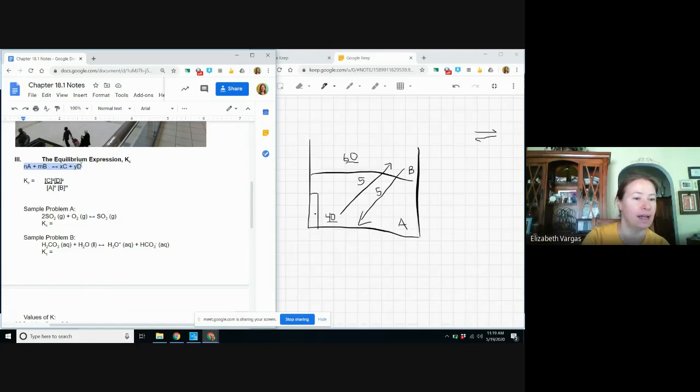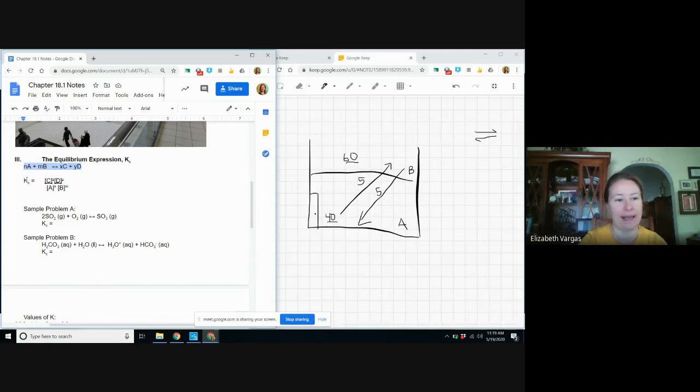The n, m, x, and y are the coefficients. Usually if it's 1, it's not written, so 2 or 3. They don't go up that high usually, but they can go up to like 6, or 10. Those are our coefficients, and A and B are my reactants in this new reaction, and C and D are my products.